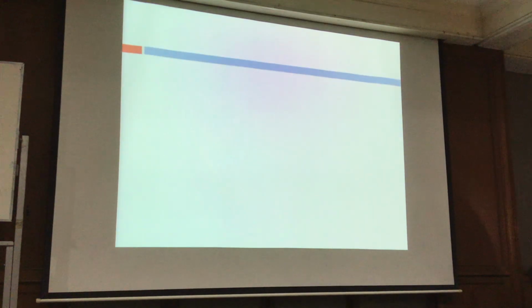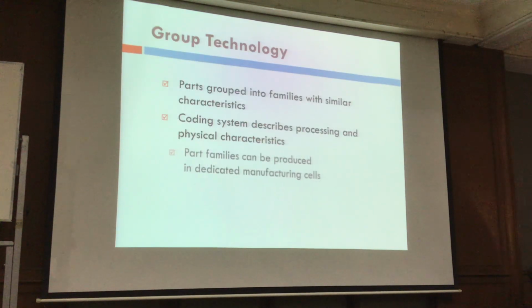How about group technology? What does it mean? Group technology means that you try to organize the components that have the same or similar characteristics into one family group, right? And then you code them, right?